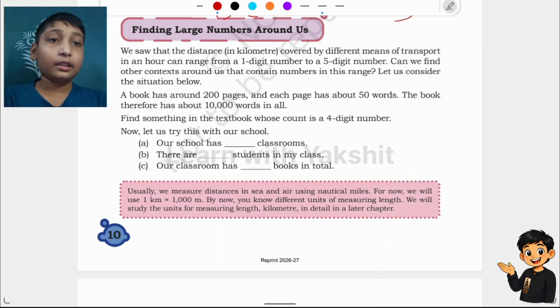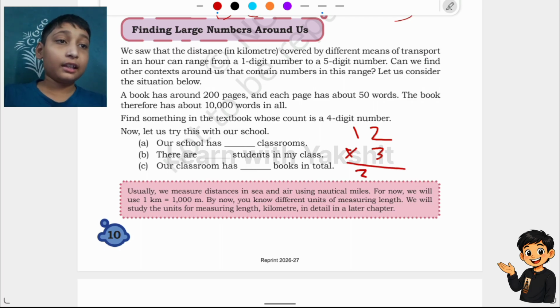We have 12 classrooms, and that's not all. We also have sections. We have 3 sections for each class: A, B, C. If we multiply 12 by 3, that is 36, meaning there are 36 classrooms.